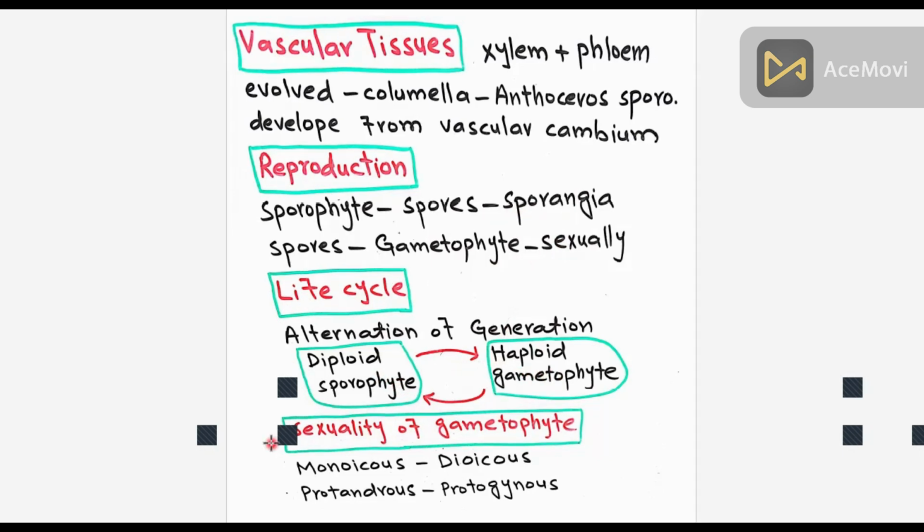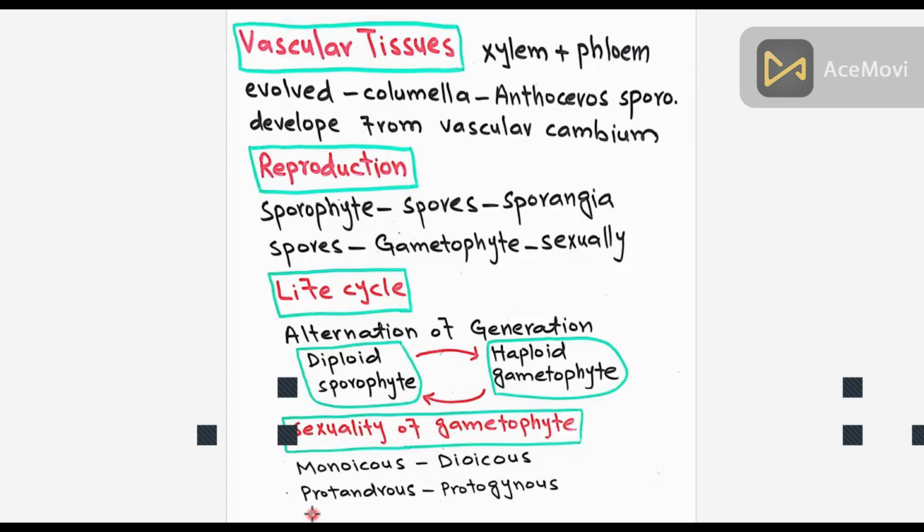Sexuality of gametophyte. Sexuality of pteridophyte gametophyte includes monoecious. Monoecious means each individual gametophyte produces either antheridia or archegonia. But dioecious means each individual gametophyte produces both antheridia and archegonia.